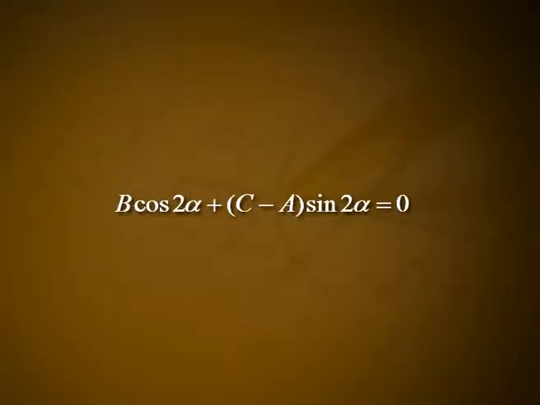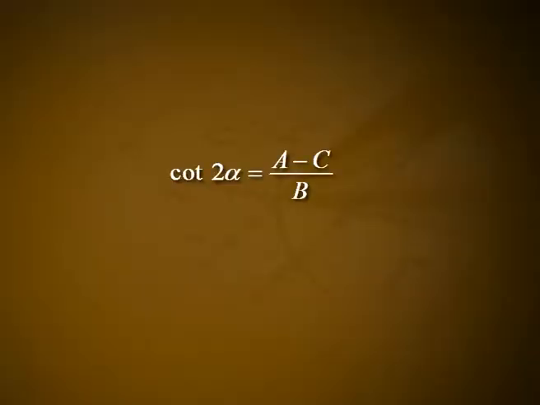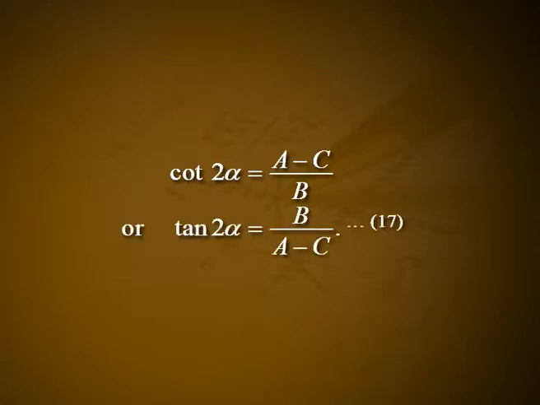To find alpha, we set b dash equal to 0 in equation 12 and solve the resulting equation, b cos 2 alpha plus (c minus a) sin 2 alpha is equal to 0, for alpha. In practice, this means determining alpha from one of the two equations, cot 2 alpha is equal to (a minus c) by b, or tan 2 alpha is equal to b by (a minus c).